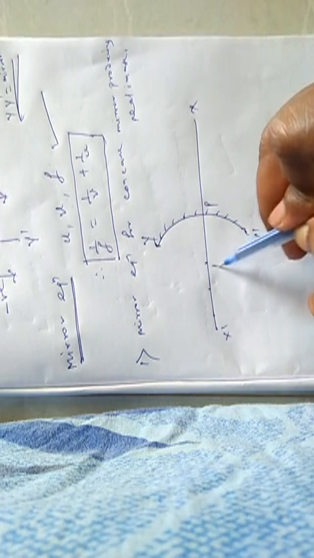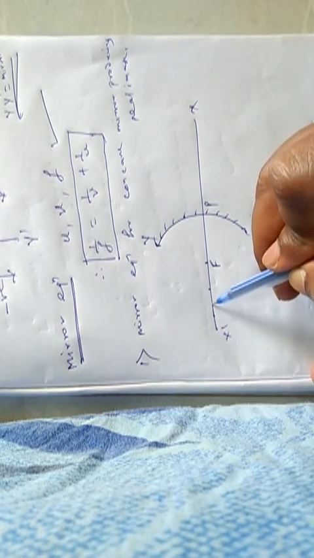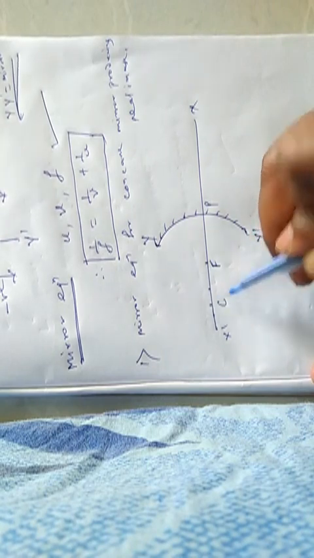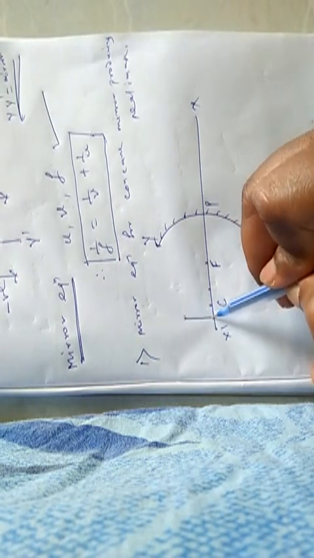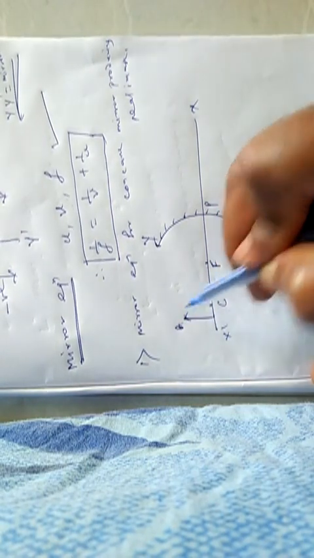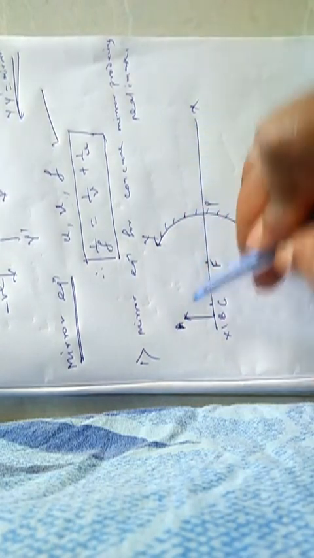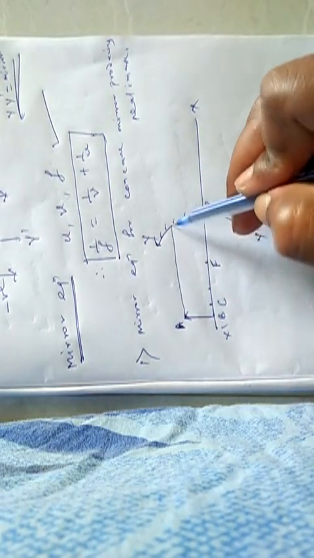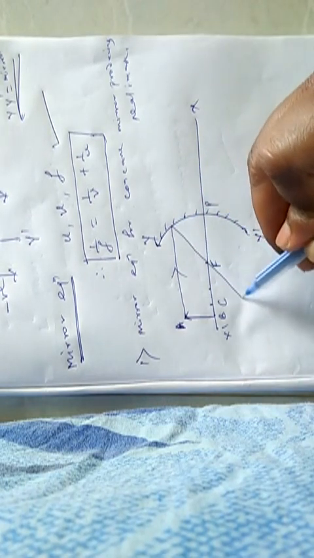Suppose this is the focus F, and this is the center of curvature C. Take an object AB. AB is an object beyond the focus. Take a ray parallel to the principal axis. After reflection, it will pass through the focus.